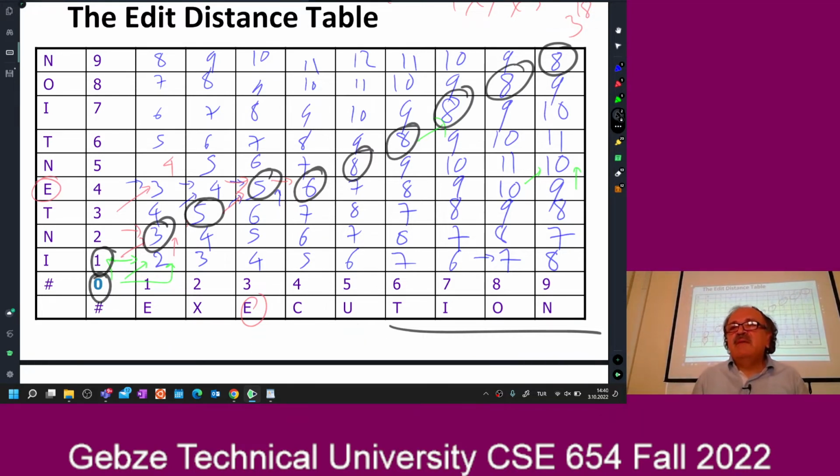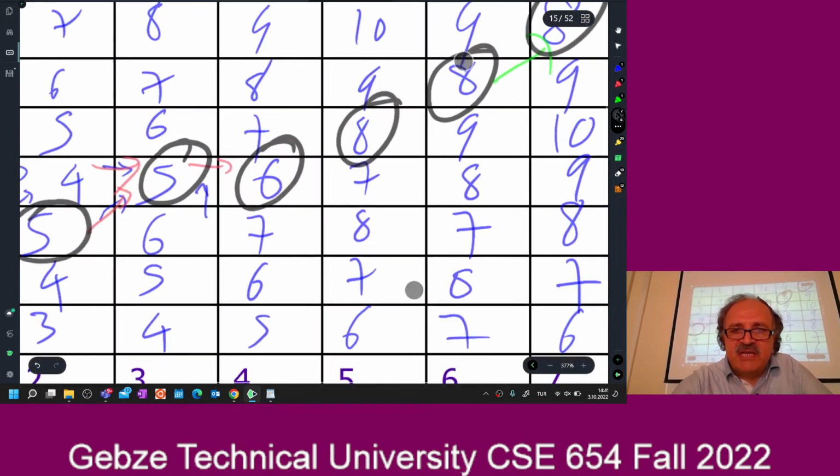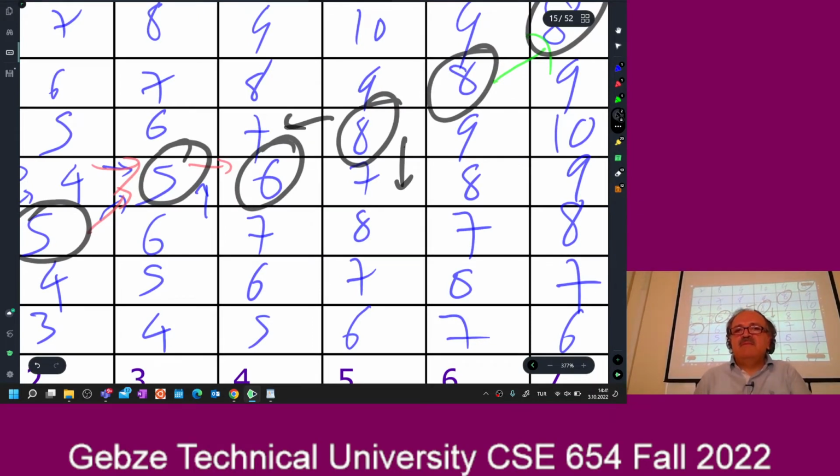I can find many other ways of coming here, okay? For example, these are all 8, 8, 8s. I come from these 8s, right? When at this position, I could have branched this way or that way. They are all the same thing.